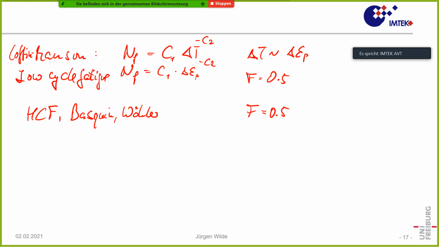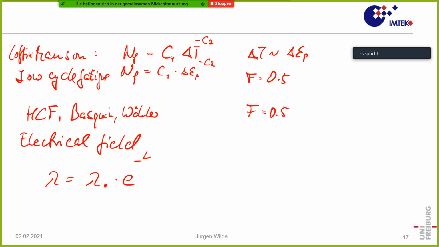Another formula which can be important is, for instance, if we have a voltage or electrical field. Then lambda is lambda 0 times another exponential term, which is something like the voltage. No, a constant here, sorry.